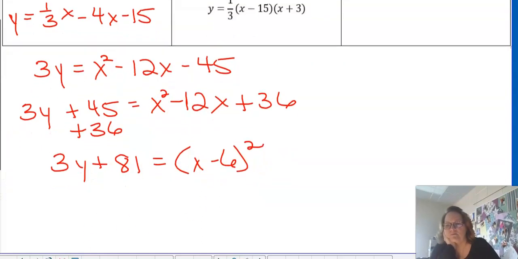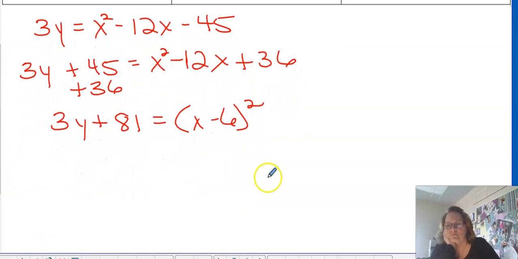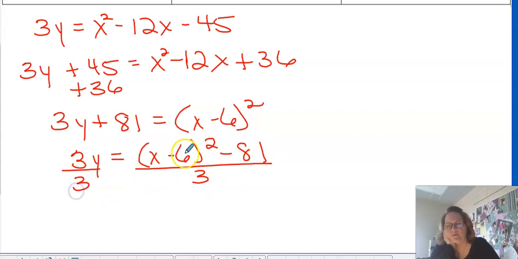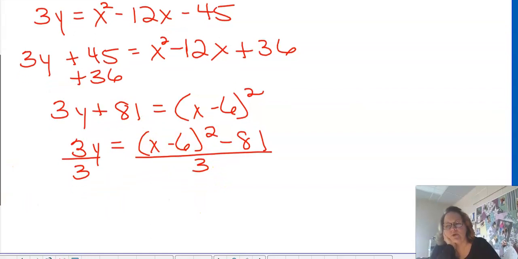And then solve for y. Make sure I added that right. That's 81, yep. Okay, so then subtract 81. Okay, now divide everything by 3. Which means I need to divide this part by 3, which also means multiply it times 1/3.